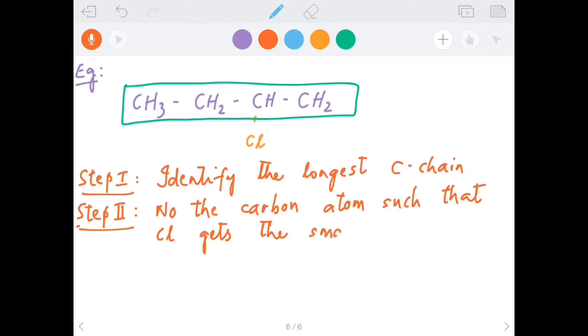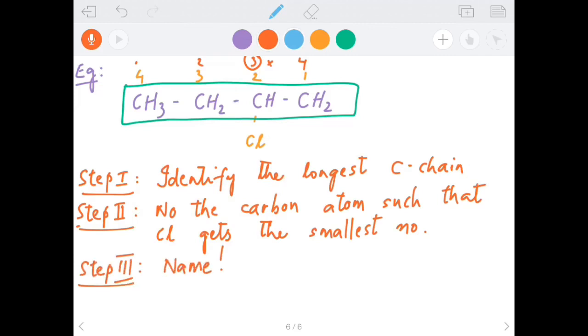I need to number it such that chlorine gets the smallest number. So let us see how we could name it. We're going to number it from right to left. In that case, we're going to make sure that chlorine gets 2 as the number. If we number it from the other side, we're going to get 3 as the number. Between 2 and 3, the smallest is 2. So we're going to retain 1, 2, 3, 4 from the right to the left.